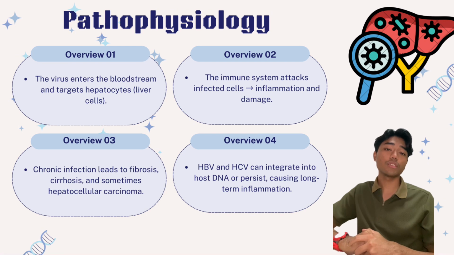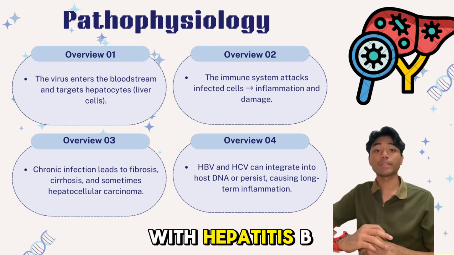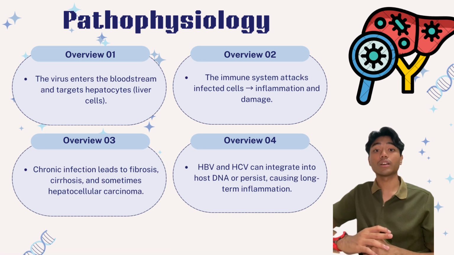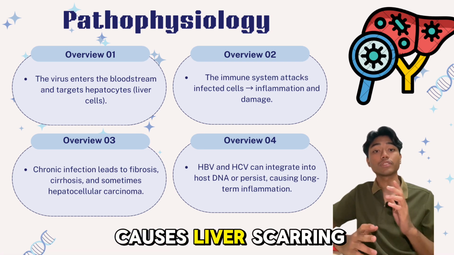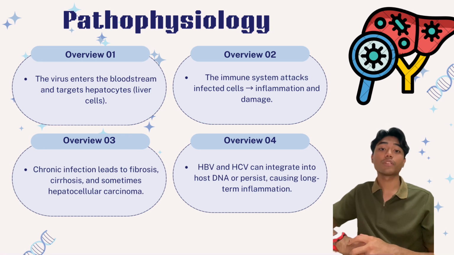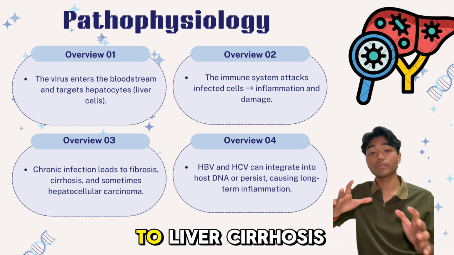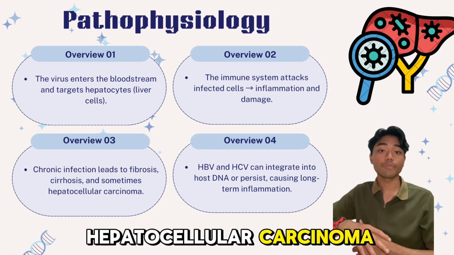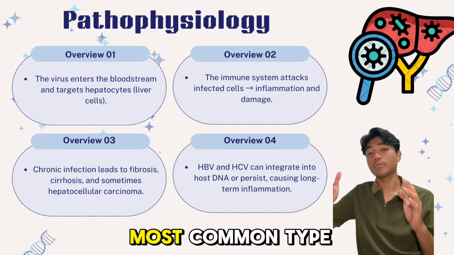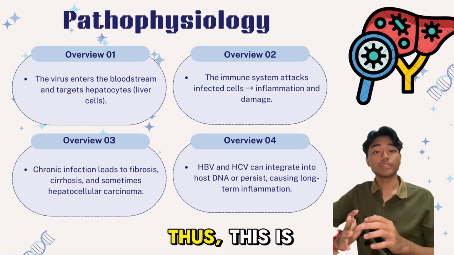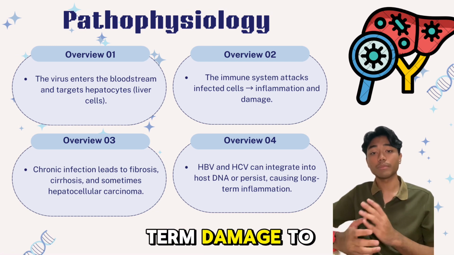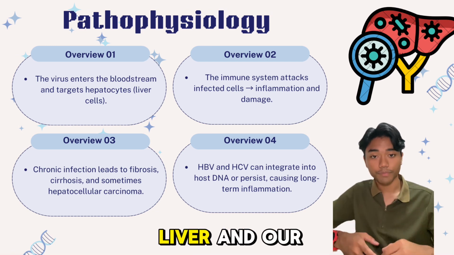If the infection becomes chronic, especially with hepatitis B or C, the ongoing inflammation will cause liver scarring known as fibrosis. Over time, this can progress to liver cirrhosis, which is liver failure, or hepatocellular carcinoma, which is the most common type of liver cancer. Thus, this is why early detection and treatment are very important to prevent long-term damage to our liver and our body.